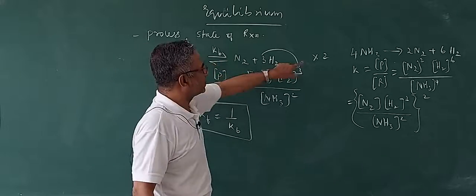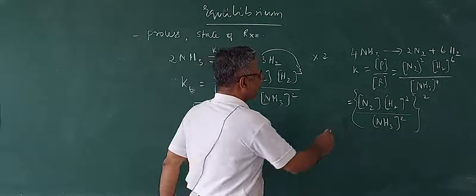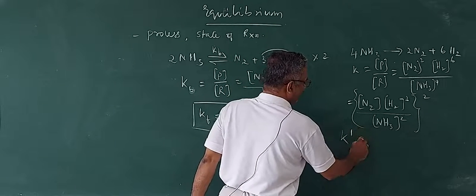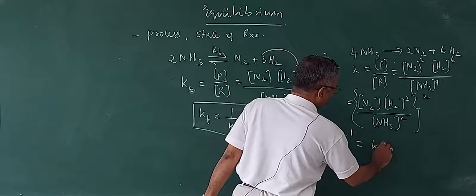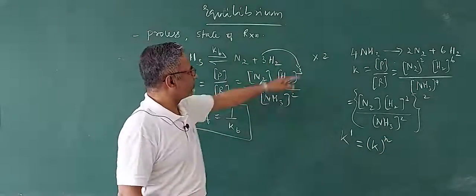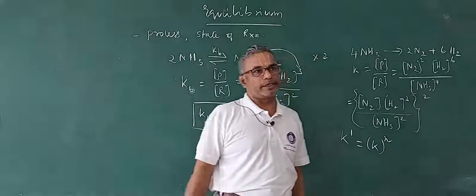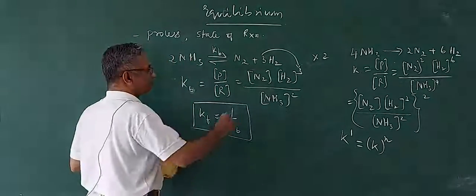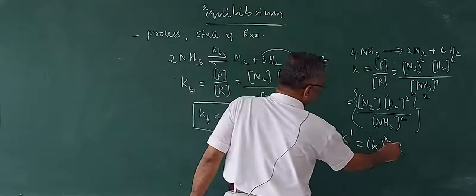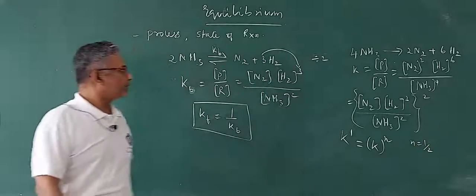Which means if you know the equilibrium constant for this equation, and you multiply the entire equation by some integer multiple factor, then the new equilibrium constant K dash will be equal to K raised to the power n. So if you multiply by 2, then n is 2. Suppose you divide by 2, then n will be equal to half.